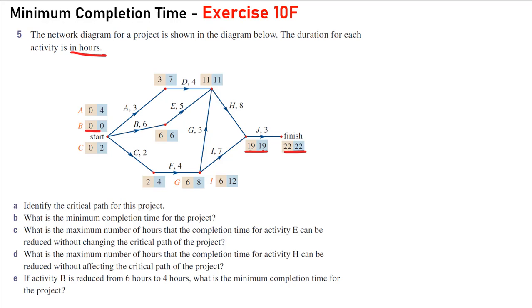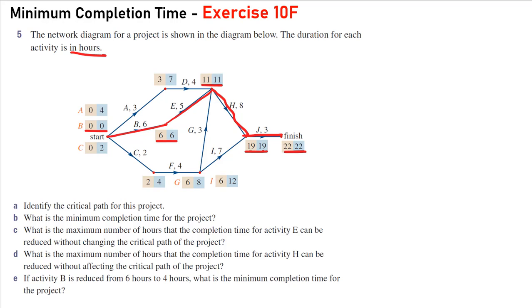So we can see from the start here we have 0 and 0. And then we've got a 6 and a 6 here. We've got an 11 and 11, 19, 19, and 22, 22. If we were to follow that path, from B through to activity E, activity H, and to activity J, this would be the critical path.